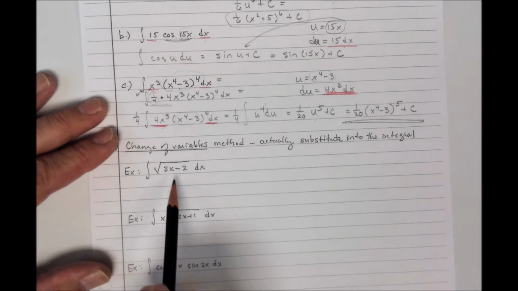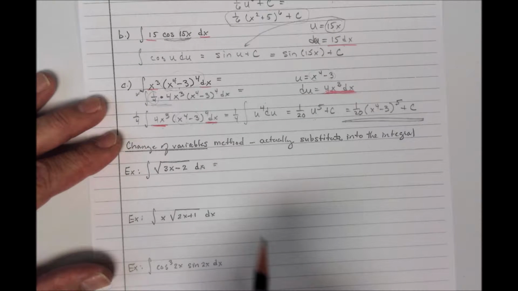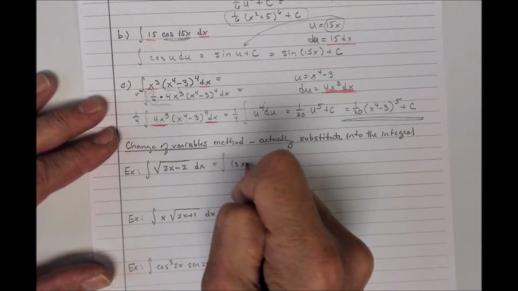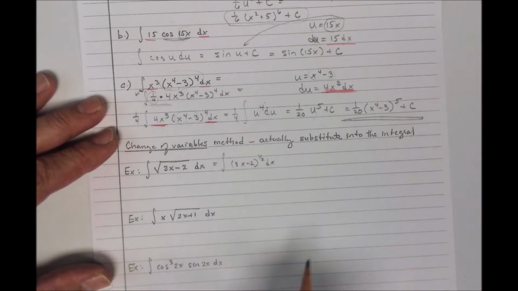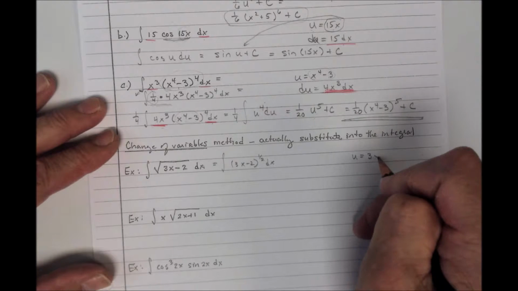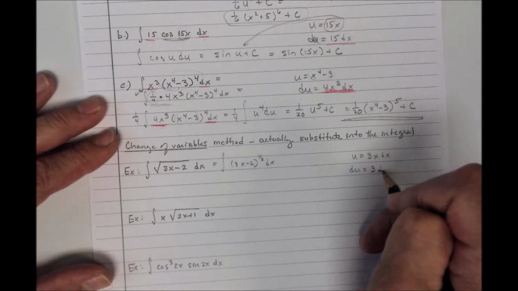Now in this problem, I do have a composite function here. This is 3x minus 2 to the 1/2 power dx. So this is my inside function. My u is 3x minus 2. So my du would be 3 dx.